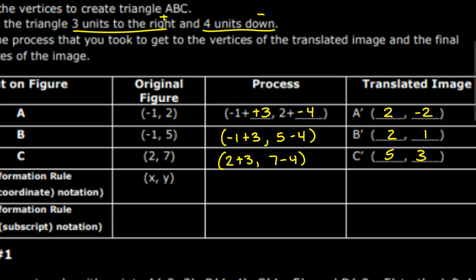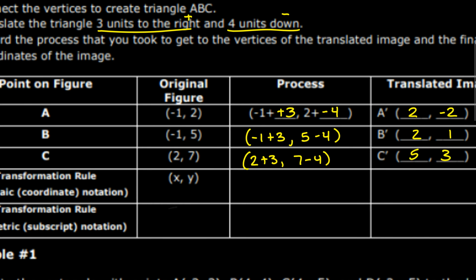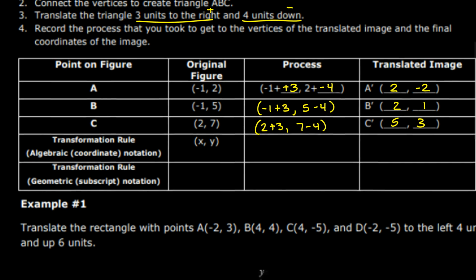Now, before we get into doing this on a graph, we do need to go over the notations for translation. Just like when we did probability and somewhat in geometric terms, we need to know the notation for what's happening here. There are 2 ways to write it. One is algebraically, and the other is geometrically.